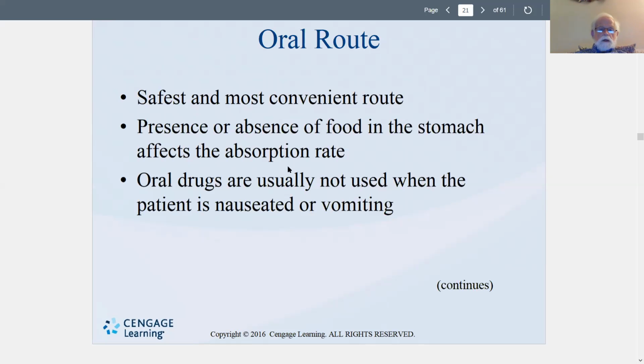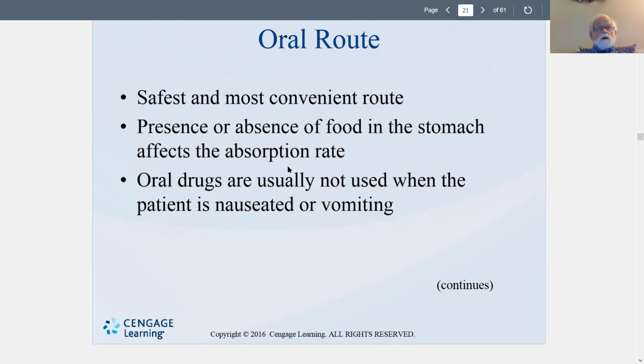The rate of absorption. What happens when we take a drug orally? It goes into the stomach, and the first thing it does is disintegrate the oral form. The gelatin capsule dissolves and releases its powdery contents, or the tablet slowly disintegrates as it is attacked by stomach fluids.